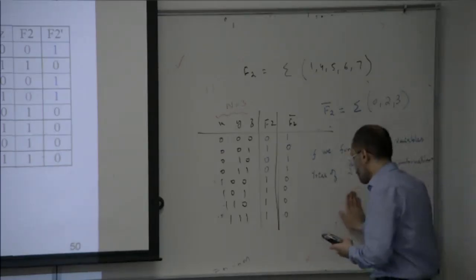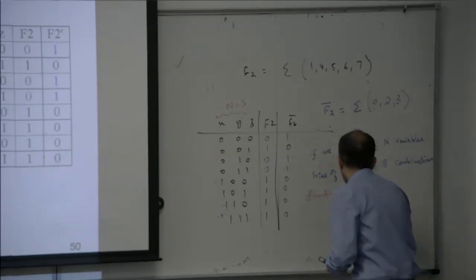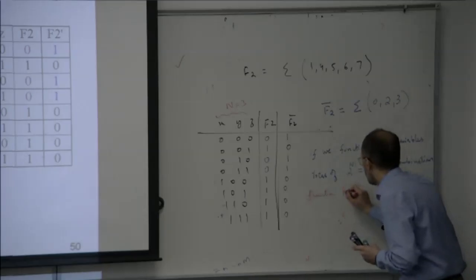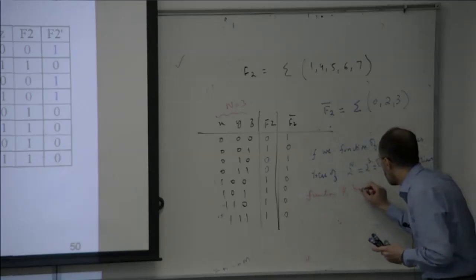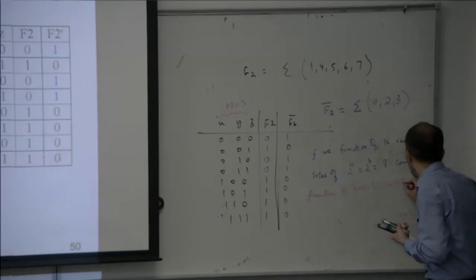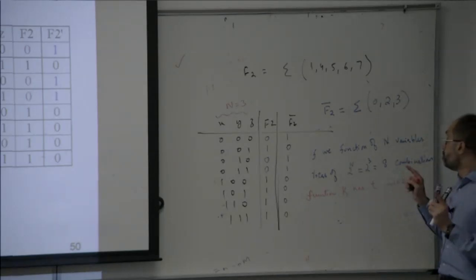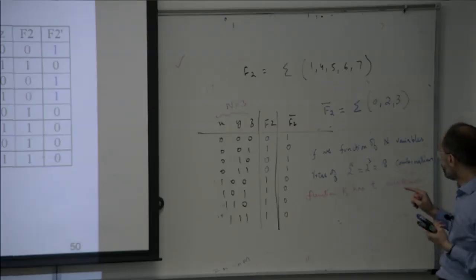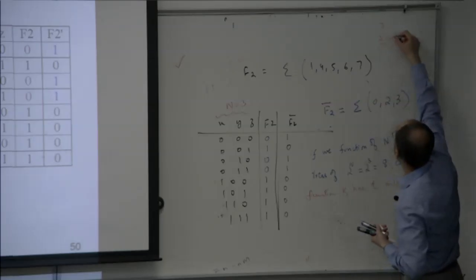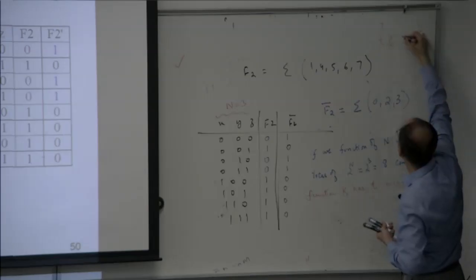Okay, now let's say we have a function k. A function k has t min terms, and remember that t is always smaller than or equal to 2 to the power n.